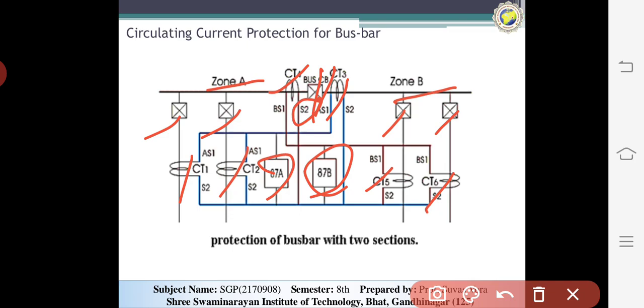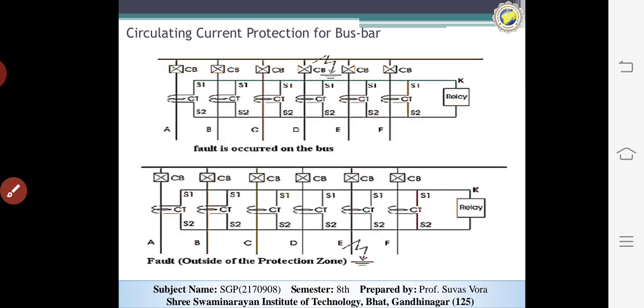It means that here you can see the basic difference in these systems. When a fault occurs in the internal bus bar system, all circuit breakers will be operated and the bus bar will be dead.